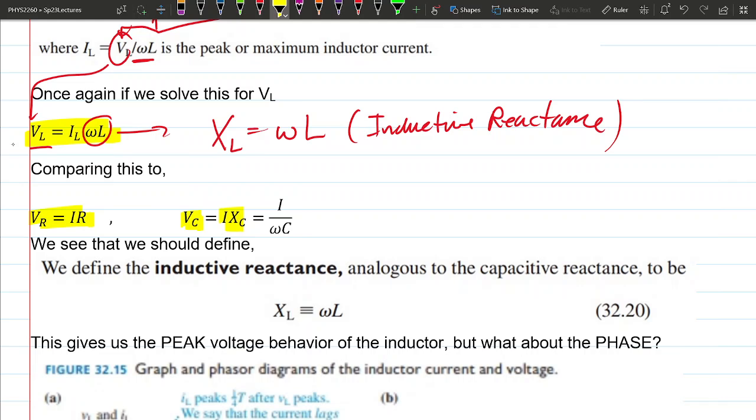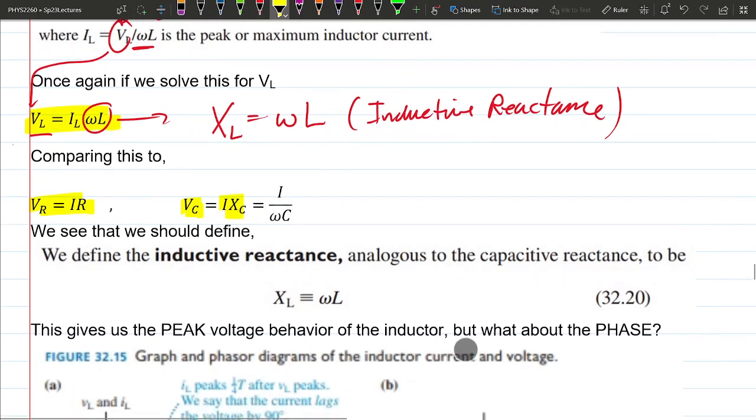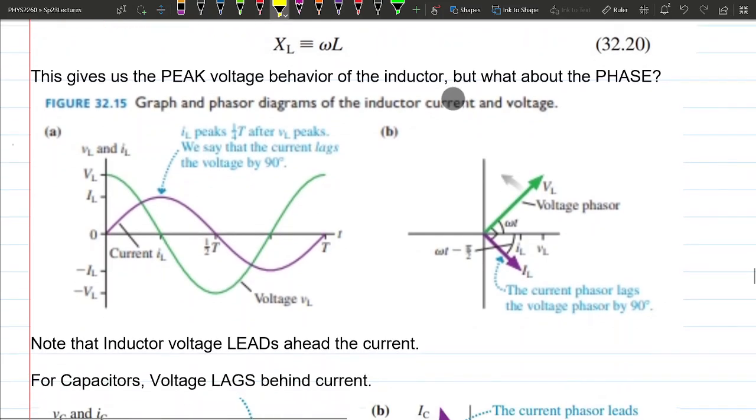So all of these components follow the same generalized law, but be a little careful. The capacitor and the inductor both have a frequency dependence, so how resistive they are depends on the frequency of your voltage source.